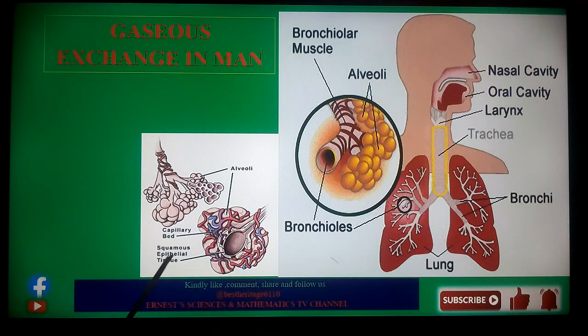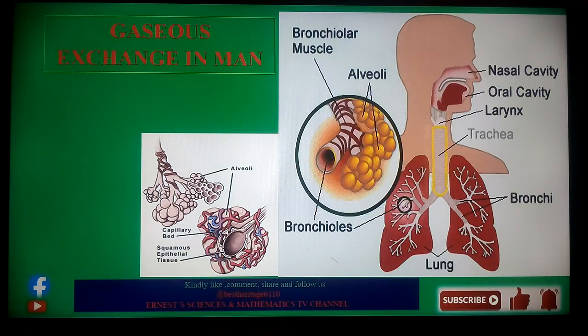We can see that squamous epithelial tissue forms a thin layer that reduces the distance for diffusion between the spaces of the alveoli and the blood capillaries. These blood capillaries are adjacent to the surface of the alveoli in order to facilitate the same.